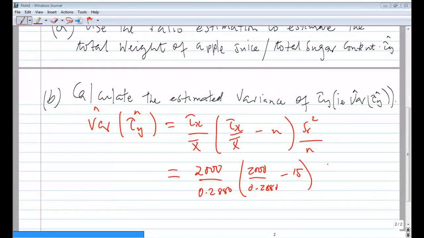What is our estimated population variance under ratio estimation? 0.018528. Is that the S_R squared? No, it's our S, the standard deviation, so we have to square it.